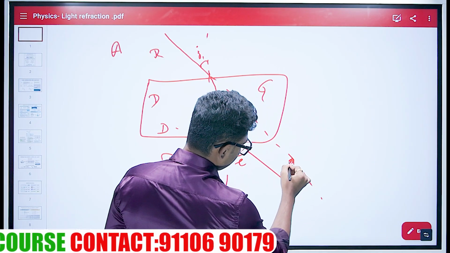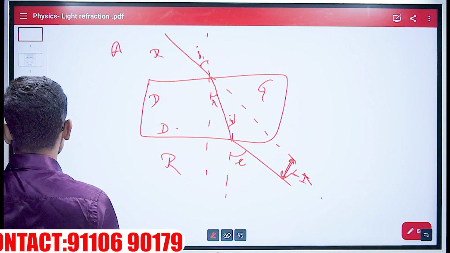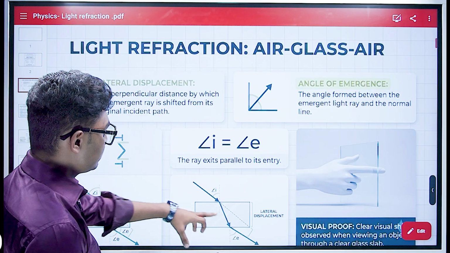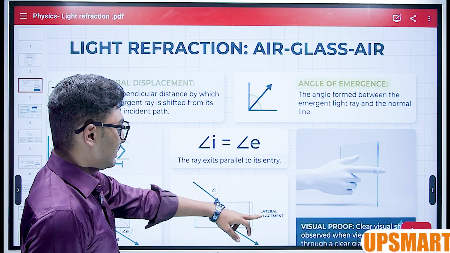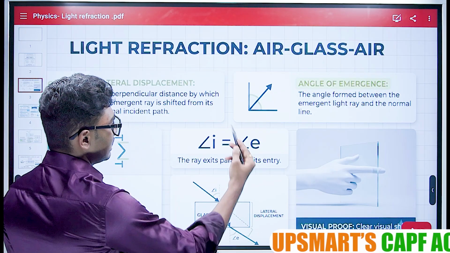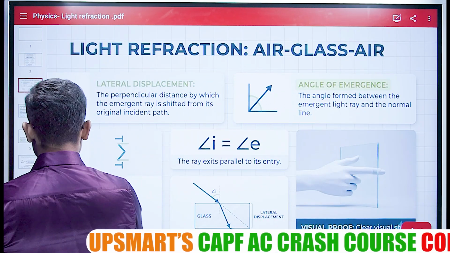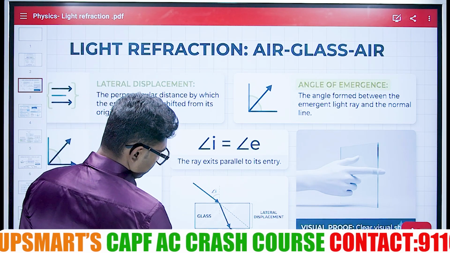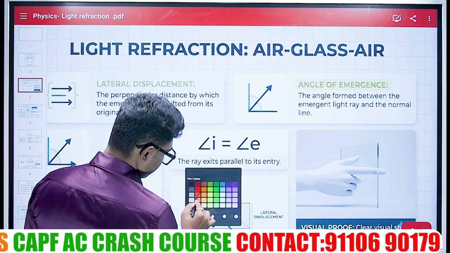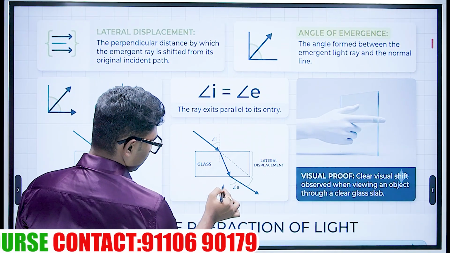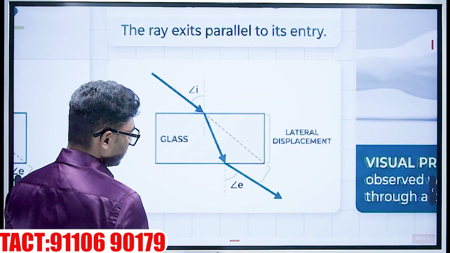This distance basically is explained here as lateral displacement. Then the angle of emergence that I have told you is this one.